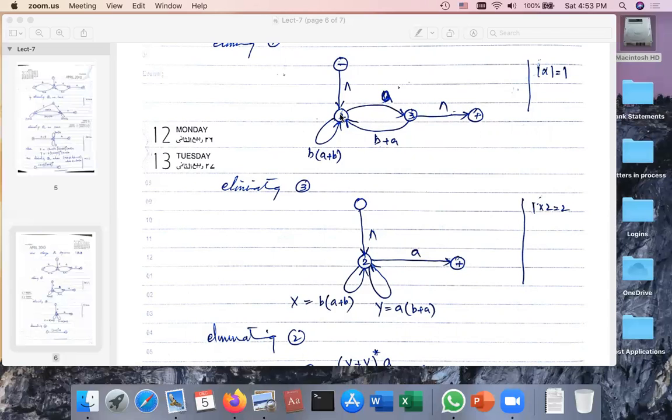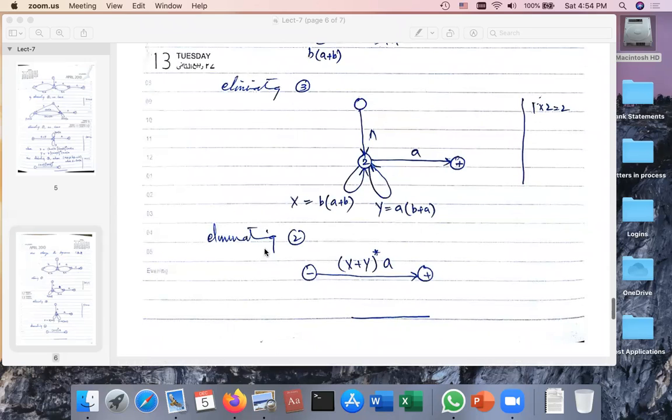And the other is that I can take A and come back to this state, A into B plus A. It is a cycle, so I have to mention it with a loop. As you can see here, a into b plus a into b plus a, I am calling it y, and I am calling this loop b into a plus b as x. So two edges are now completed.